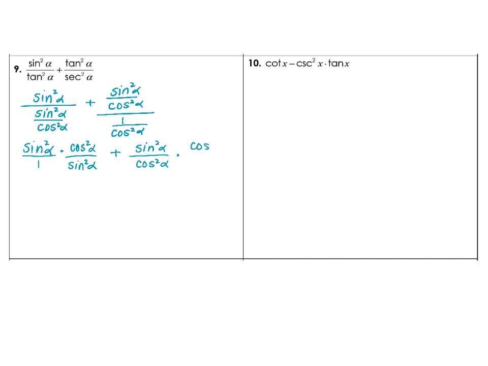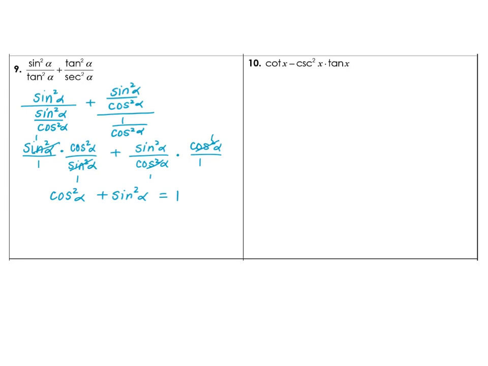So that's going to give me cosine squared alpha over 1. So it looks like a lot of these things are going to simplify out. So the first term is going to be cosine squared alpha plus, and notice the second one is going to be sine squared alpha, and all of that's equal to 1. So that worked out nice.